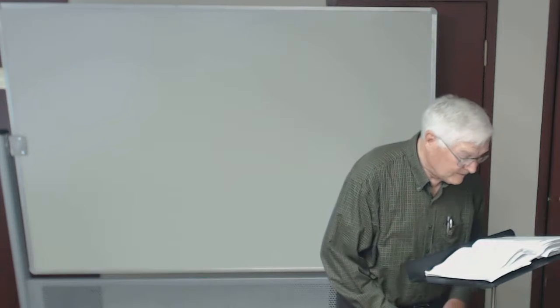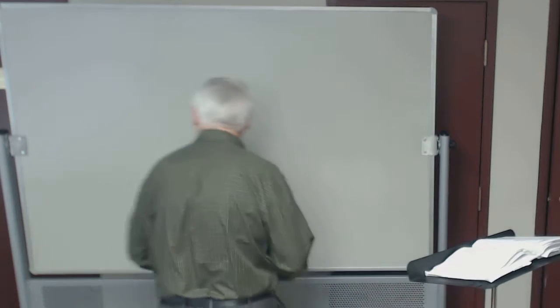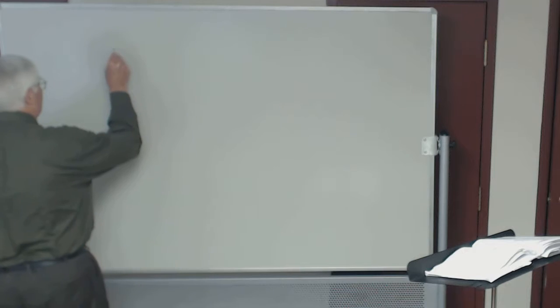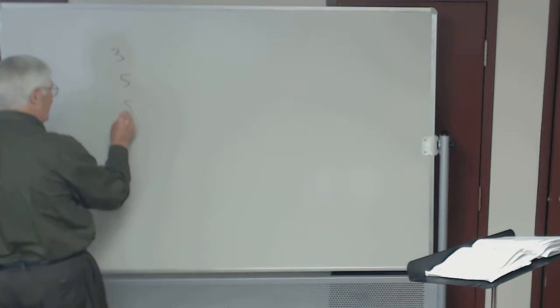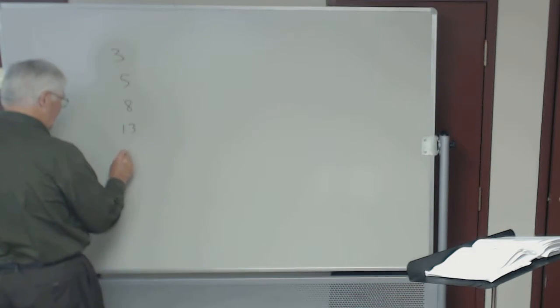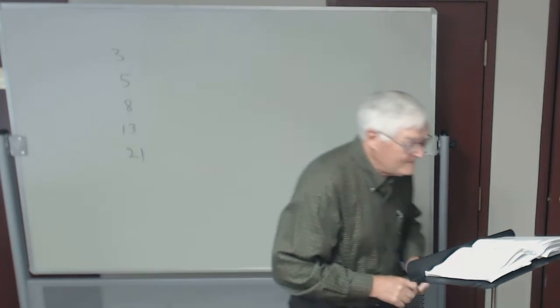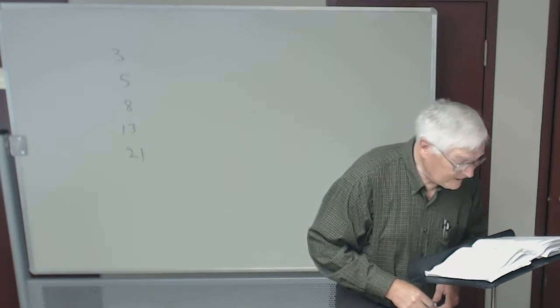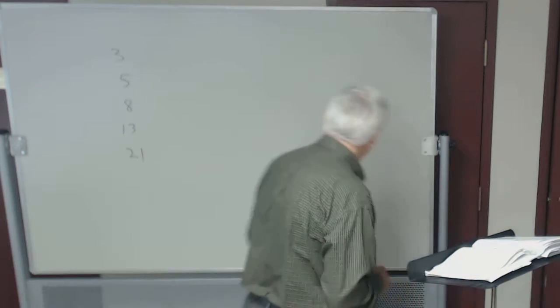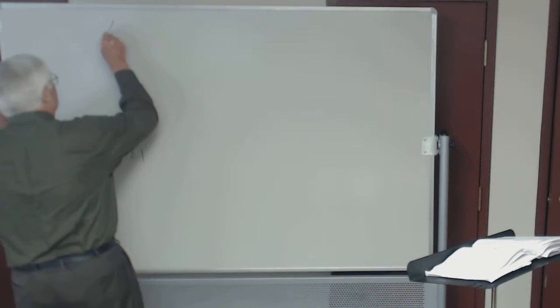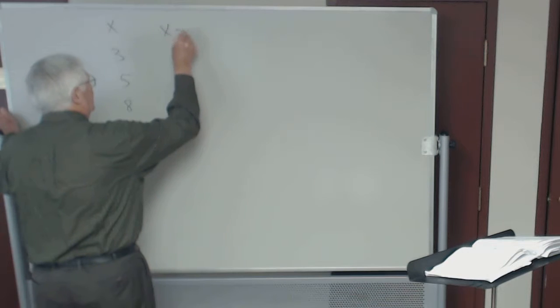So you've got the range, don't you? Yep. Okay, so the first thing is we list the scores: 3, 5, 8, 13, and 21. That's our first column, okay? Then what's it say next? This is X. What's the next one?